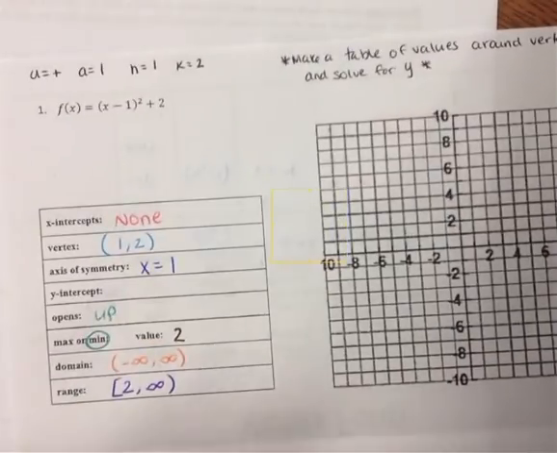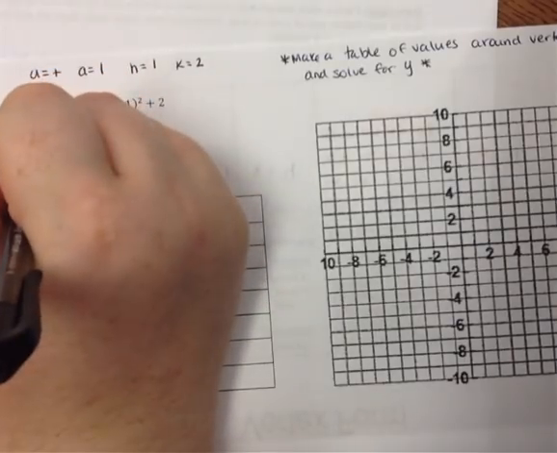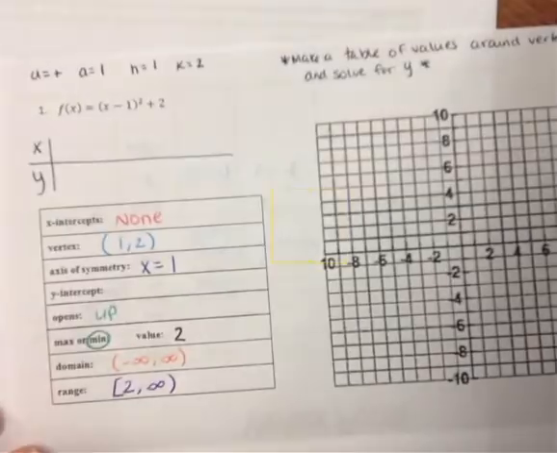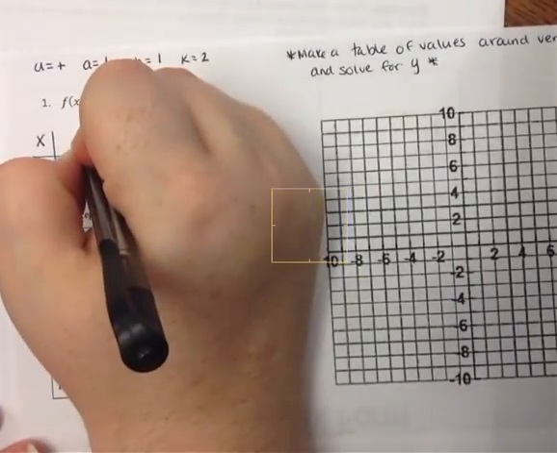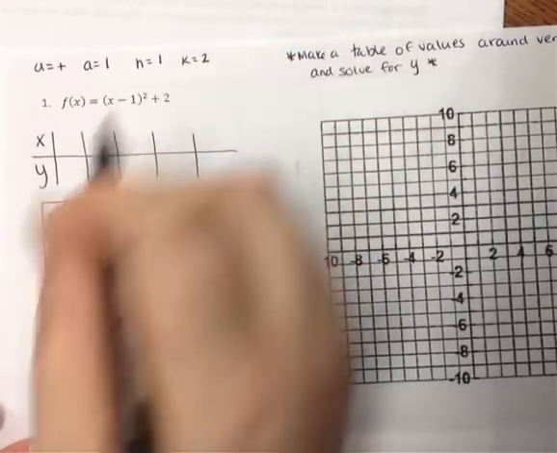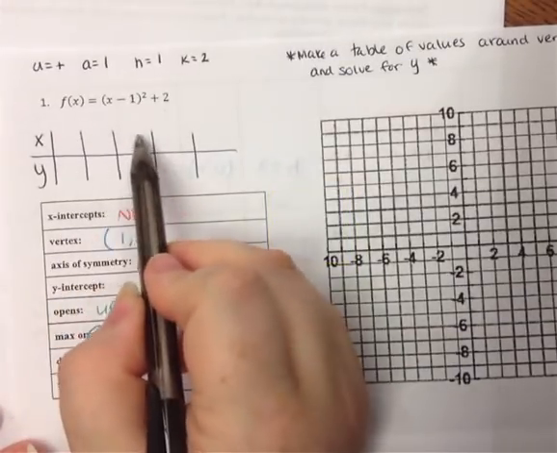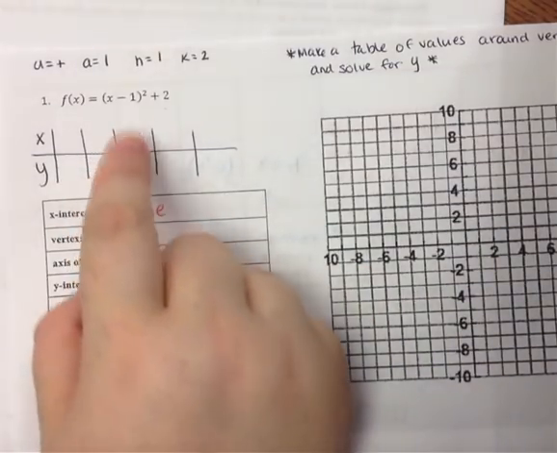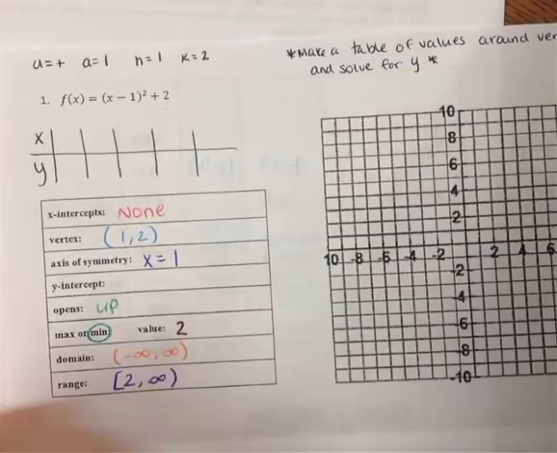So for our table of values, I'm going to have x, y, and we know we want to have 5 coordinates total, so I'm going to have 5 spaces: 1, 2, 3, 4, 5. This is so we can write our coordinates. I want to make sure my vertex is in the middle because of my axis of symmetry.